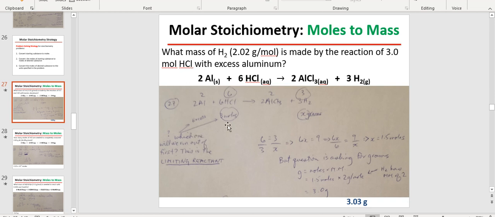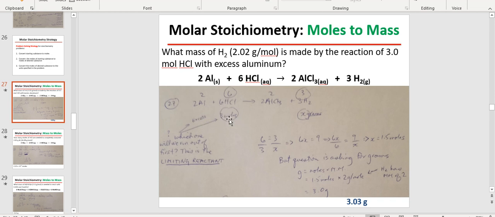So 3.0 moles of hydrochloric acid right here. But I also give you a little bit extra information here. Here I have excess aluminum, which means I have too much. I have so much of this that it's just going to keep reacting with this and this and this, and then eventually this is just going to go away.